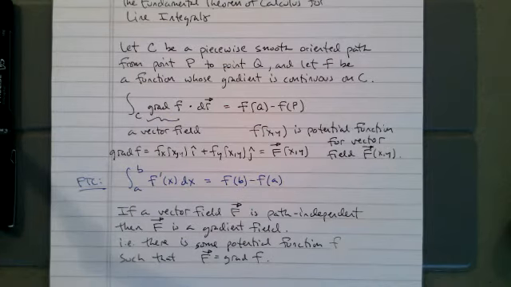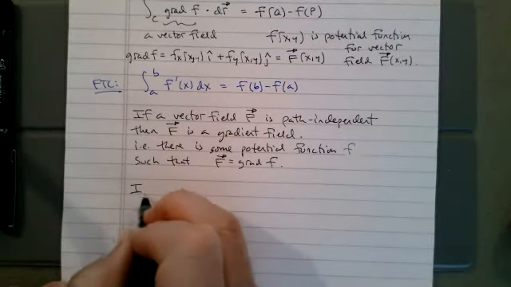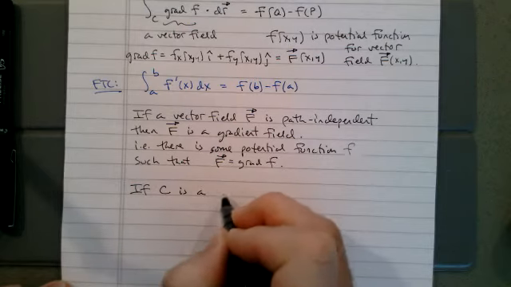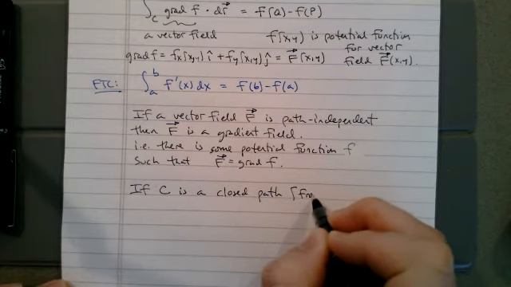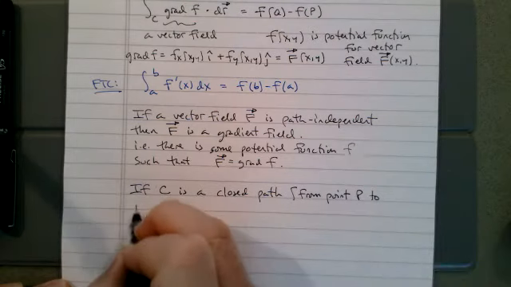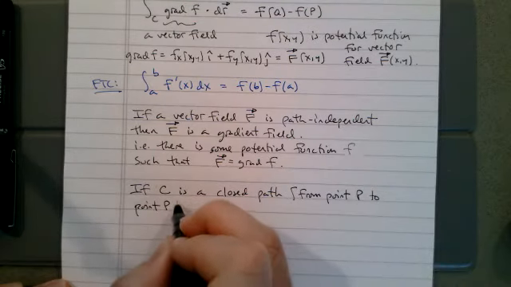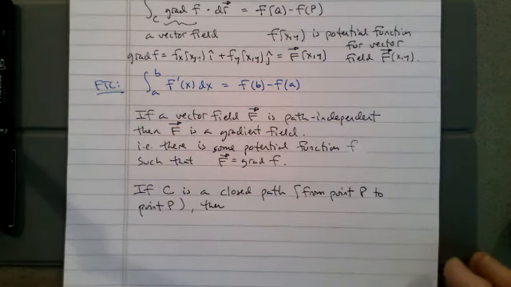One thing that we get out of this is if we calculate a line integral over a closed path. So if C is a closed path, that is from point P to point P, then our line integral is going to be equal to 0.